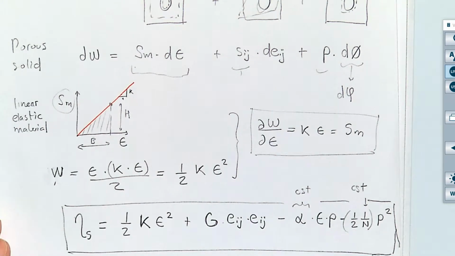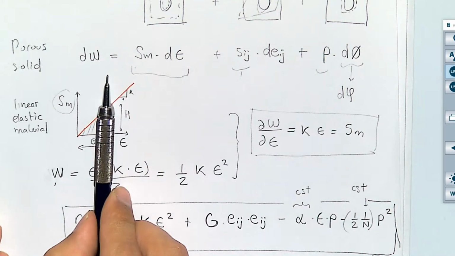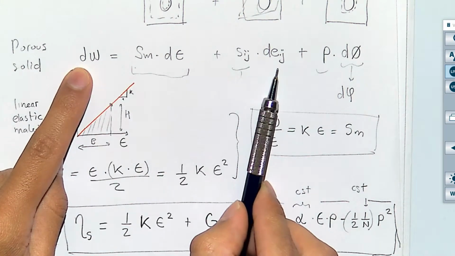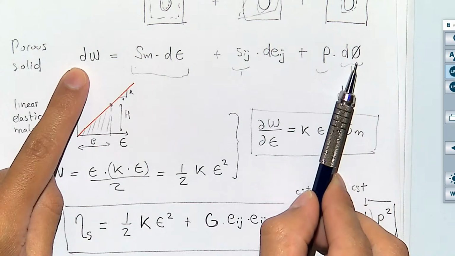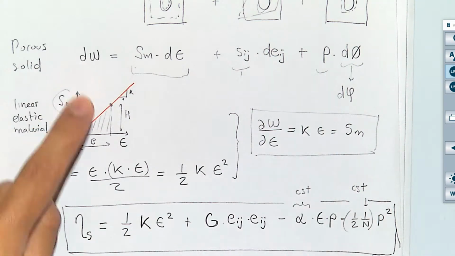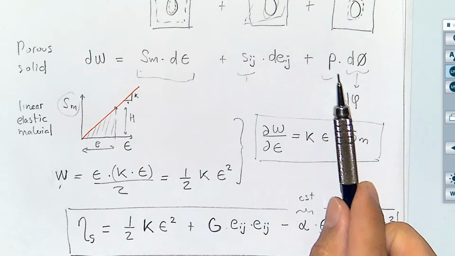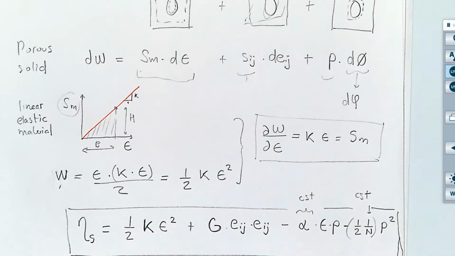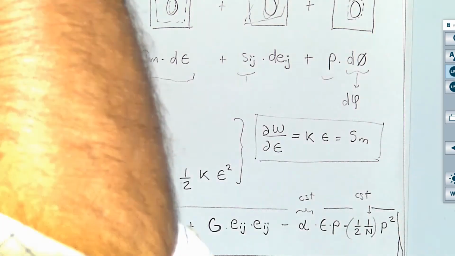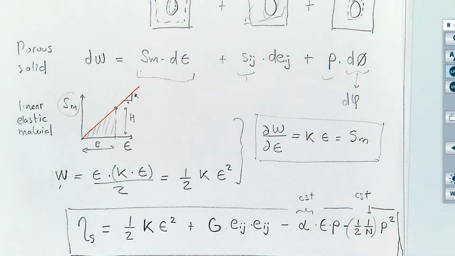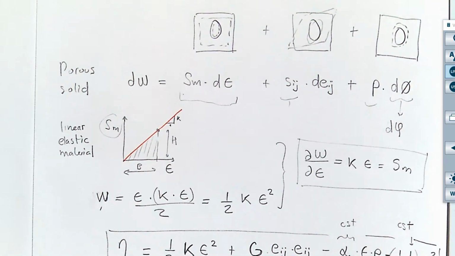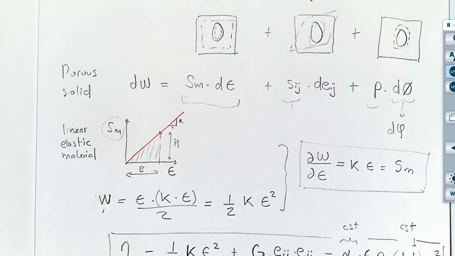That's what we're doing. We're taking derivatives with respect to this one and with respect to porosity later, and that's going to give us a function that allows me to mix mean total stress with pore pressure, and also porosity and volumetric strain.